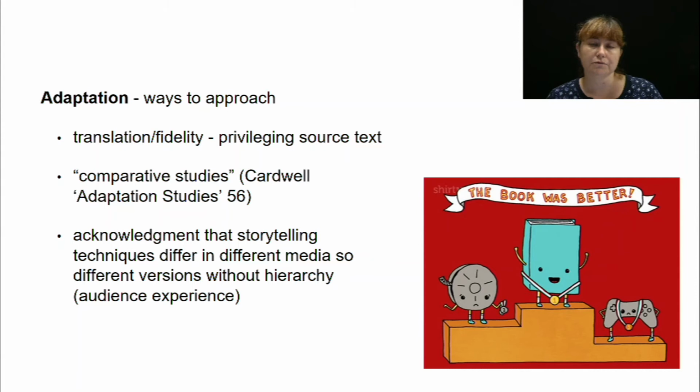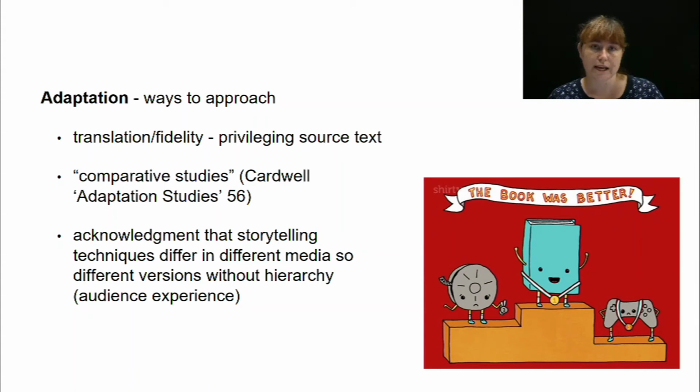So there are three main different ways to approach adaptation. The first one is to see adaptation as a kind of translation, and this is called fidelity criticism, or faithfulness criticism.